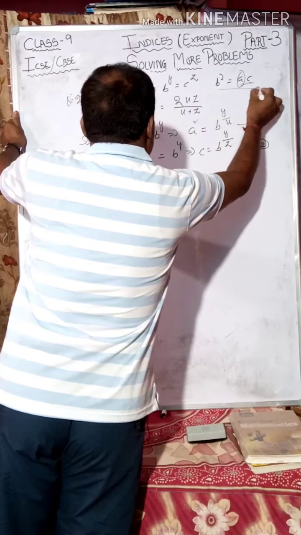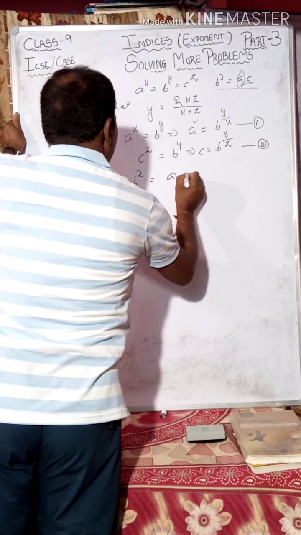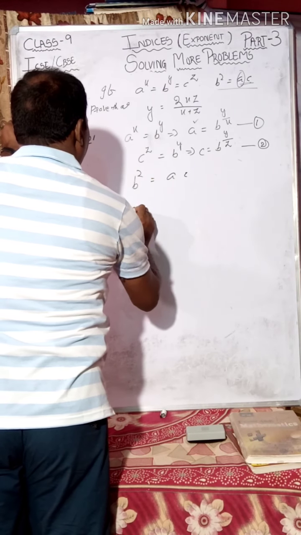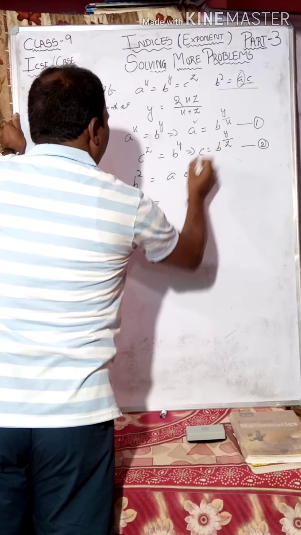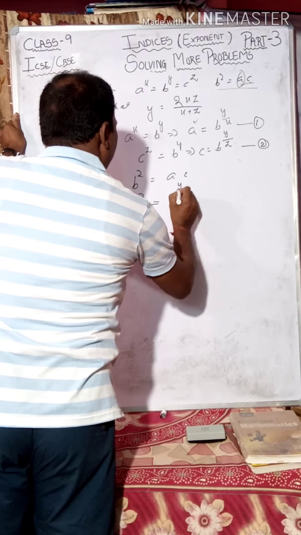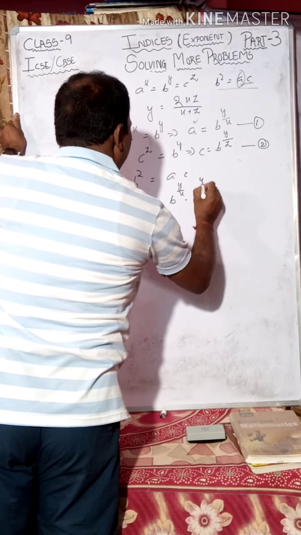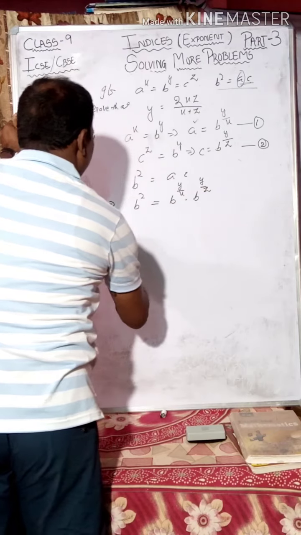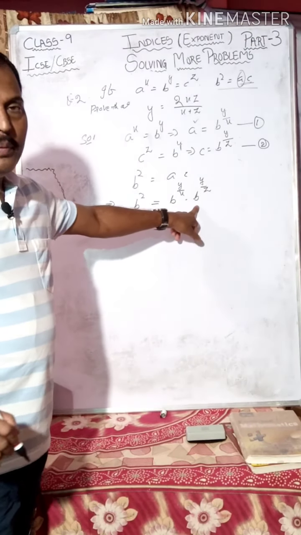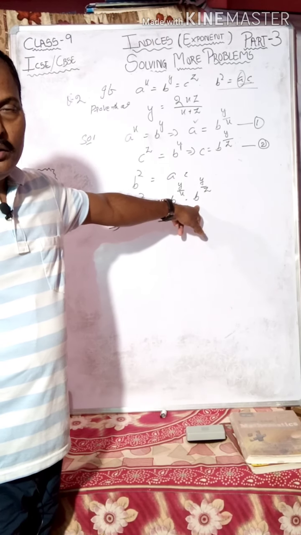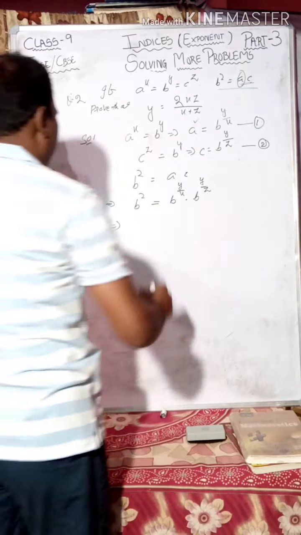Now take this. b square is equal to ac, which implies b square is equal to b to the power y upon x into b to the power y upon z. Here b and b are the same base and multiplied, so the indices will be added.